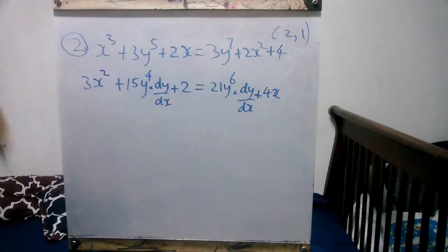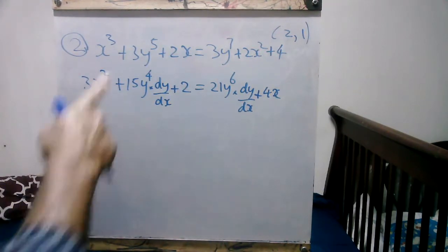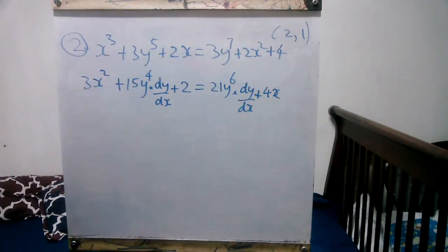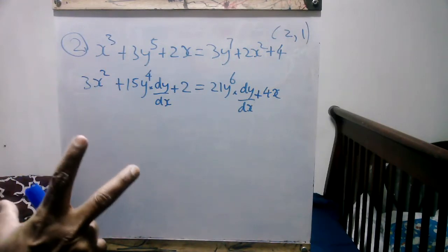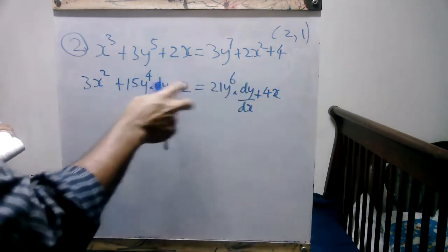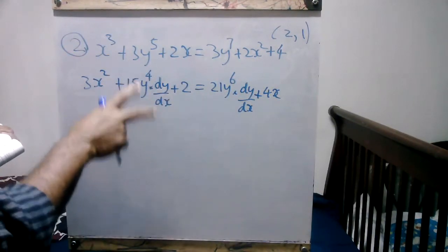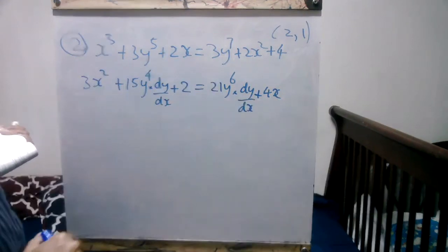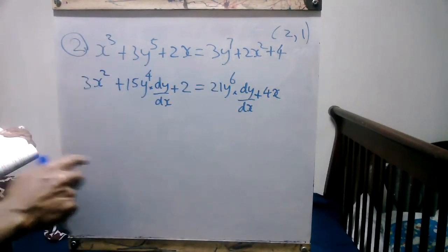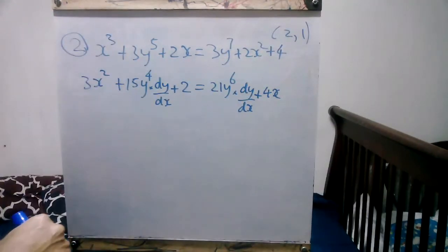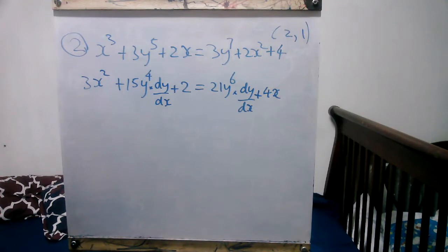Now we want to find dy/dx at this particular point. For that, either we can move these dy/dx terms to the left and isolate dy/dx on the left side and move everything to the other side, or we can substitute these coordinates for x and y and find dy/dx.